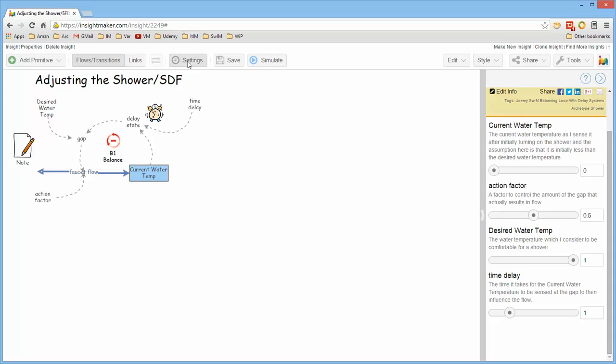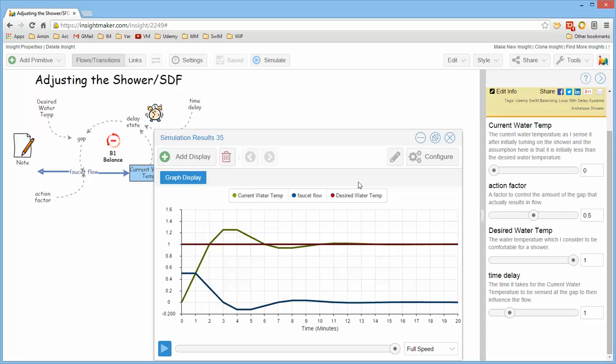This is the adjusting the shower model that I've been using in a number of instances, where the behavior of this model is dependent upon the time delay and the action factor. So if I begin with a current water temperature which is cold, and the desired water temperature is the temperature I want it to be, I just go ahead and run the simulation.